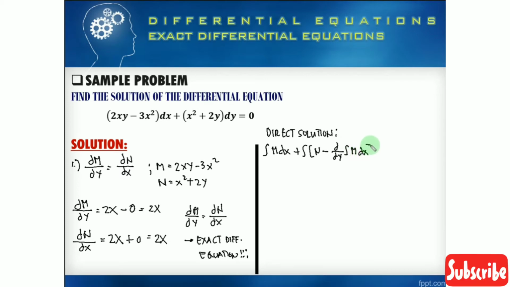Okay, and this is bracket and this is dy is equal now to a constant c.